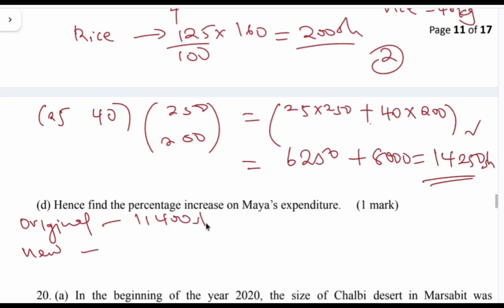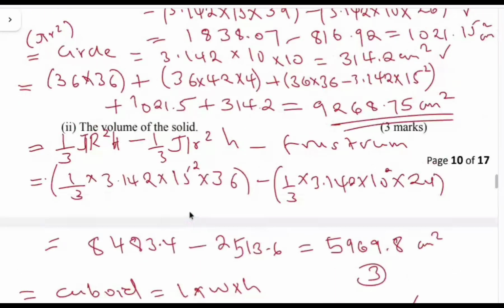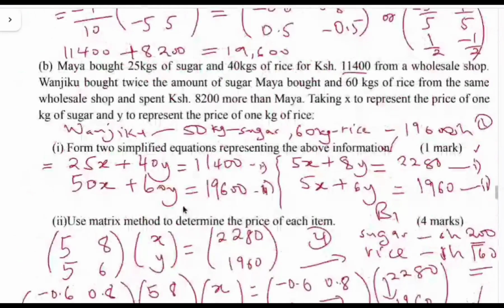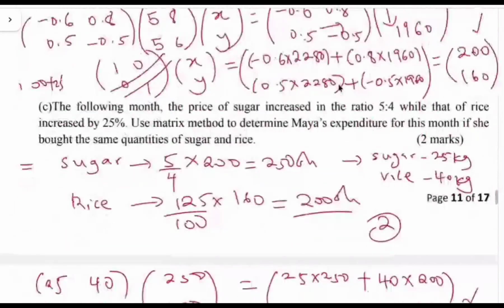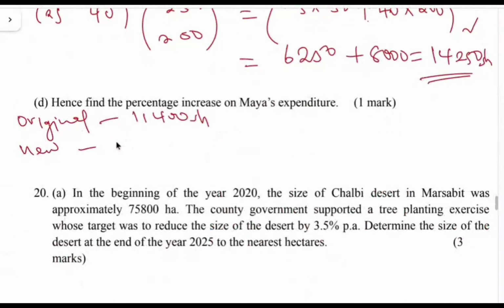Kama hujaona, angalia vizuri hapa juu. Your original price was 11,400 shillings. So your new price ni 14,250 shillings. So for you to get the percentage increase, you take new minus original divide by your original times 100.